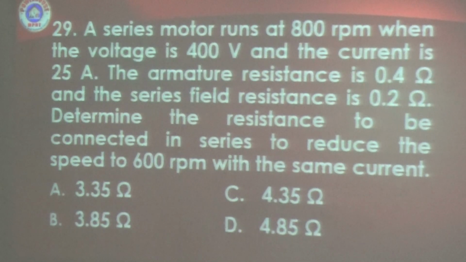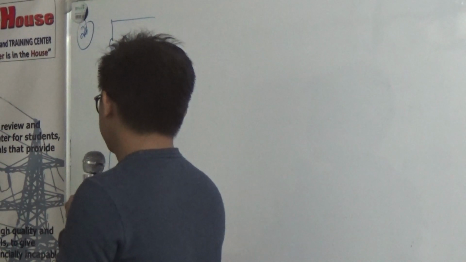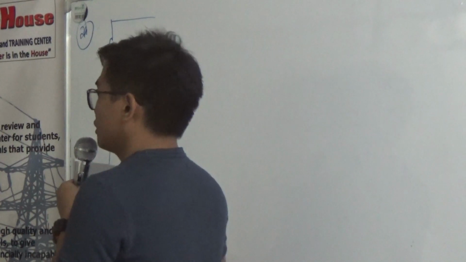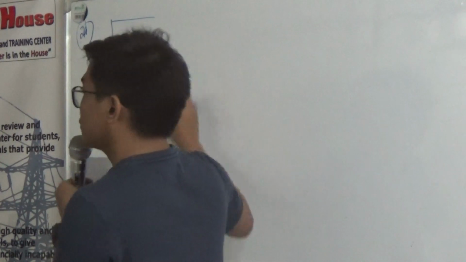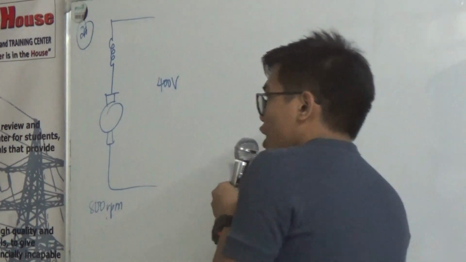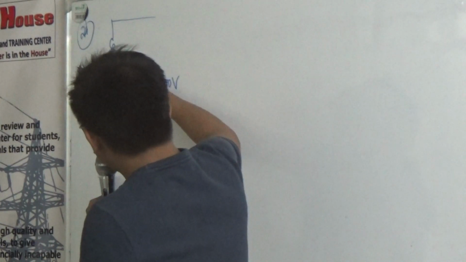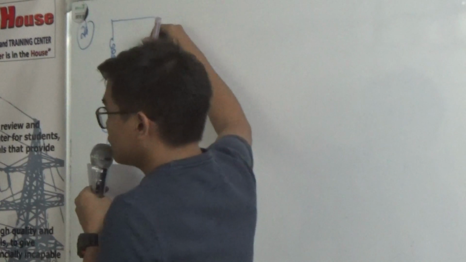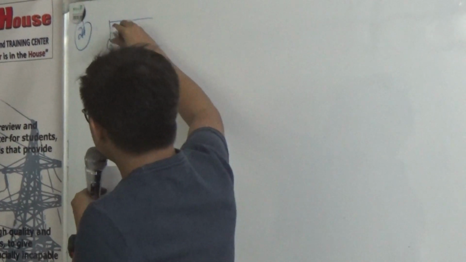For 29, a series motor runs at 800 RPM when the voltage is 400 volts. The armature resistance is 0.4 and the series field resistance is 0.2 ohms.